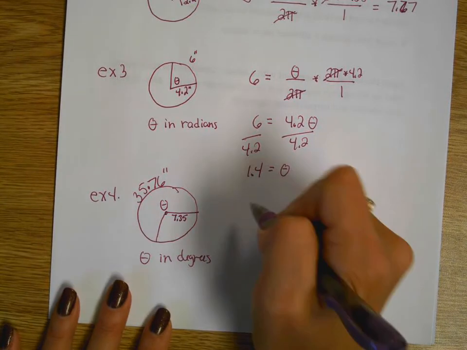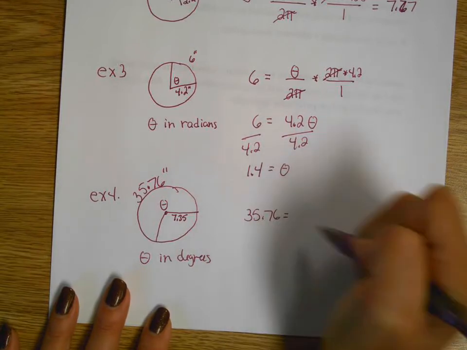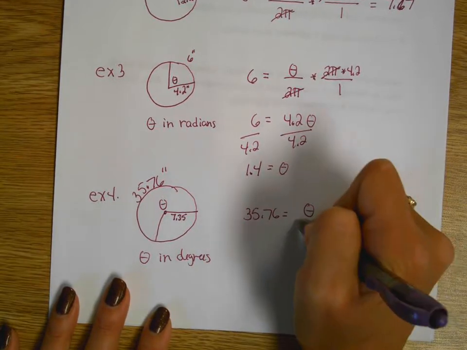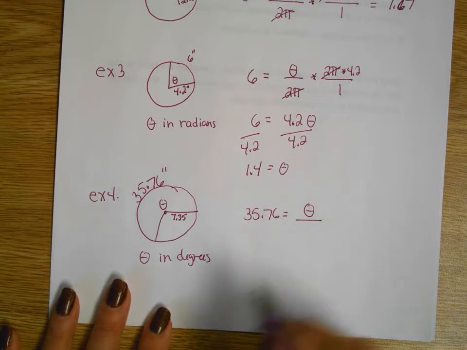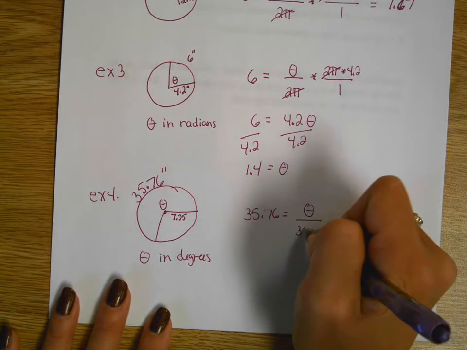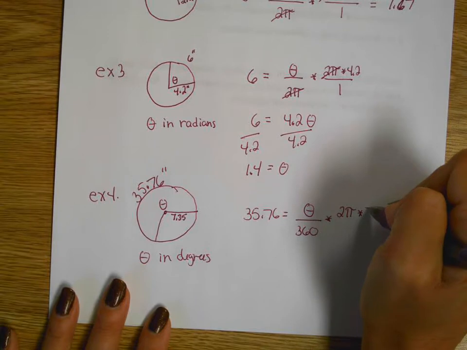I know the arc length is 35.76. The angle this time has to be divided by 360 because we want an answer in degrees, so you want your bottom number to be in degrees. Times 2 pi times radius.